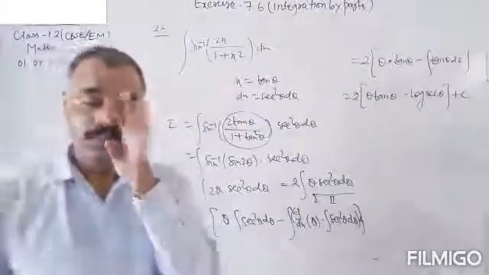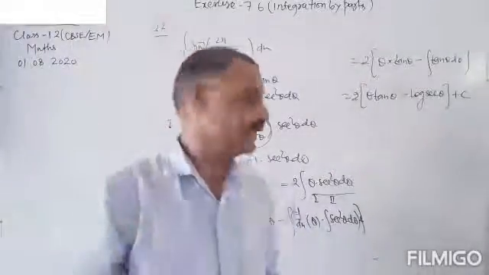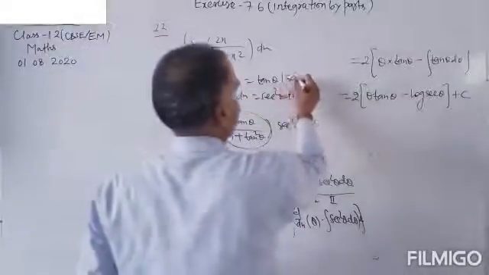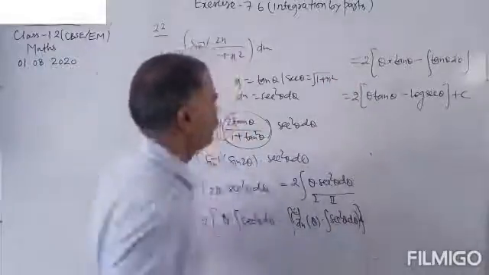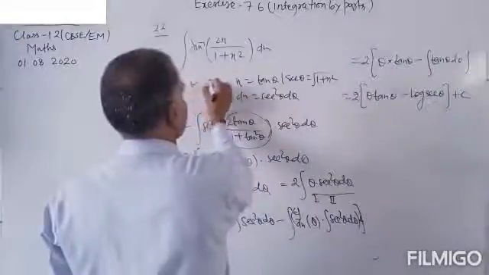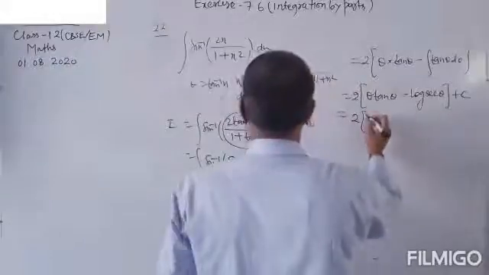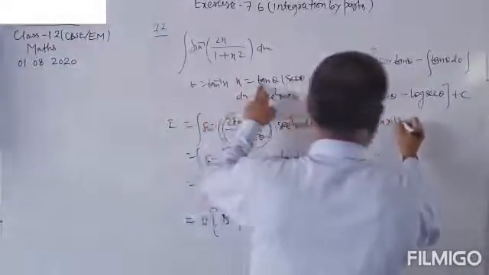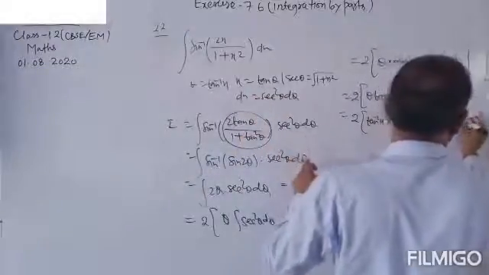Now we have to change the variable. We have to convert theta into x. So tan theta is equal to x, sec theta is equal to under root 1 plus x square. Tan theta is equal to x, so theta is equal to tan inverse x. So put all these values here. Theta is equal to tan inverse x, tan theta is equal to x, minus log sec theta, under root 1 plus x square, plus c.